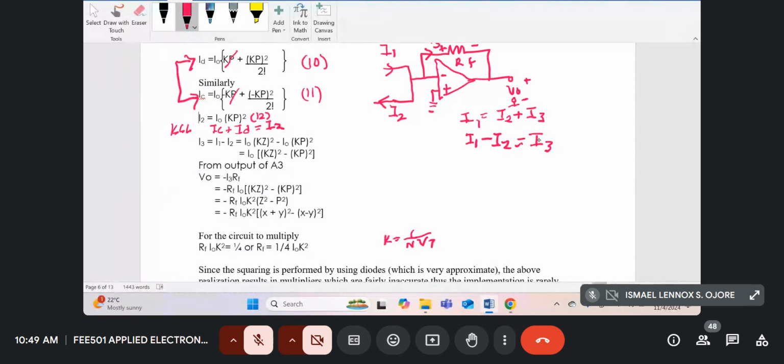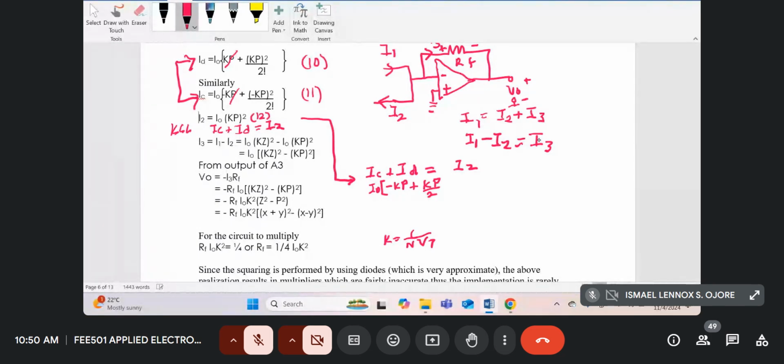For those of you who don't understand, maybe I can just do it. It's just very simple. So let's just use IC plus ID is equal to I2. And the IC is actually 11. This is I0 minus Kp plus Kp.